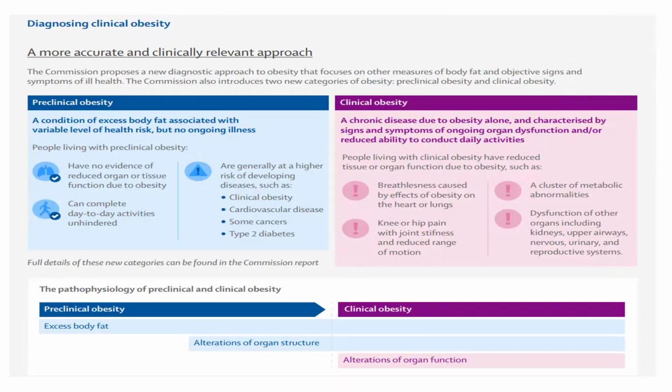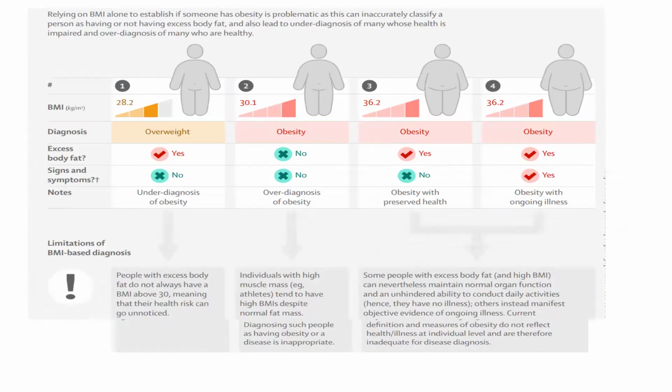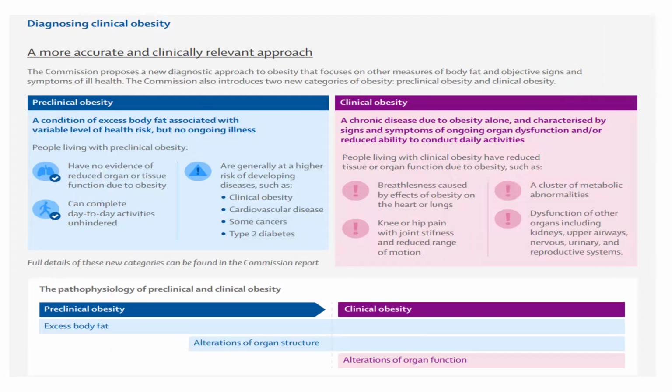So, very importantly, I kept repeating the statement of signs and symptoms of obesity. This is what we'll be looking at in this particular slide. The new classification is how we label patients as having preclinical obesity and clinical obesity.